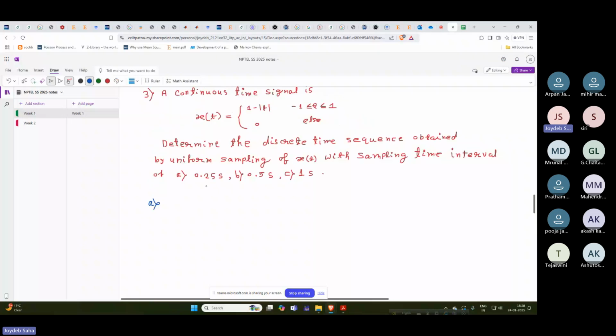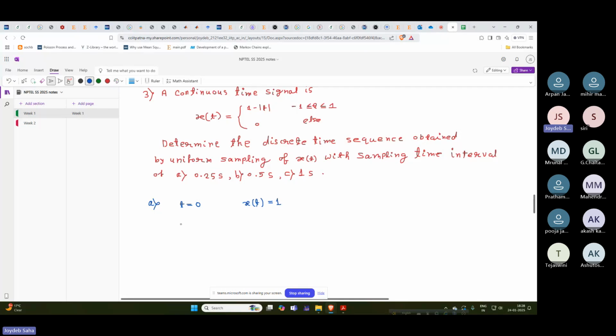It is very simple: xt is equal to 1 minus mod of t. For t equal to 0, we will get xt equal to 1, right?